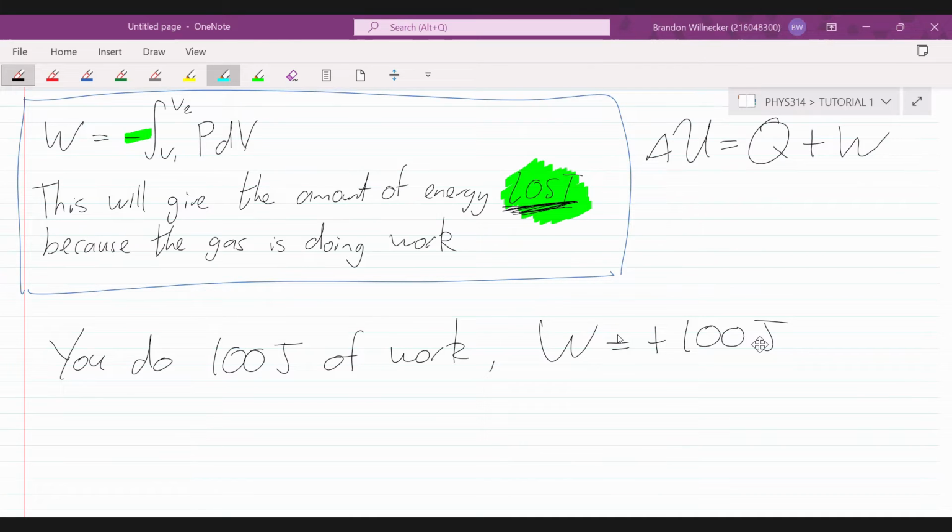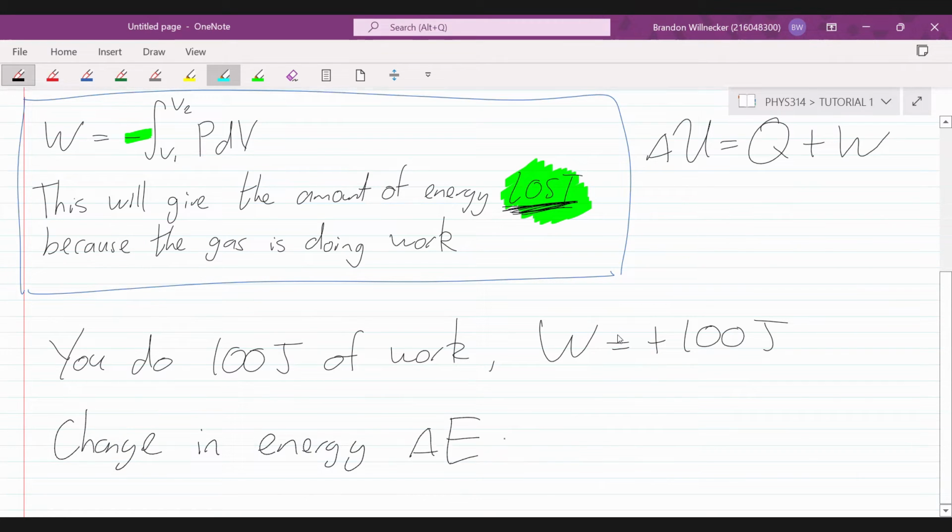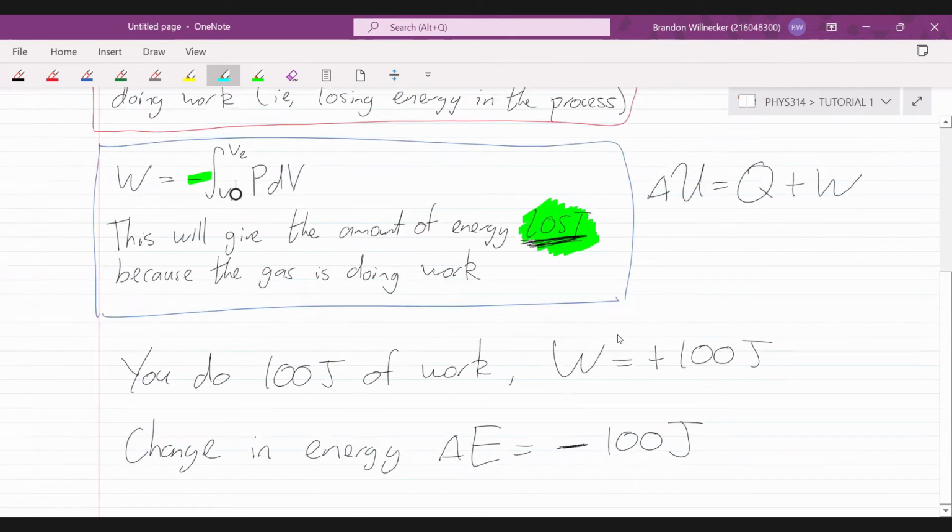So what's your change in energy? The change in energy, delta E, is now minus 100 because you did a positive amount of work. So we put the minus sign. That's what that green minus sign means.